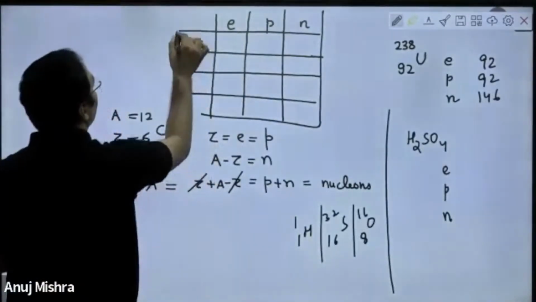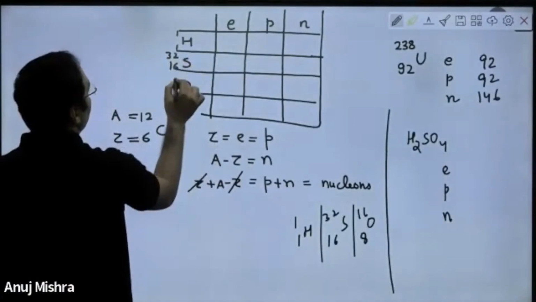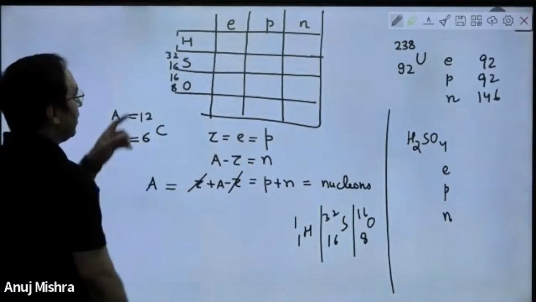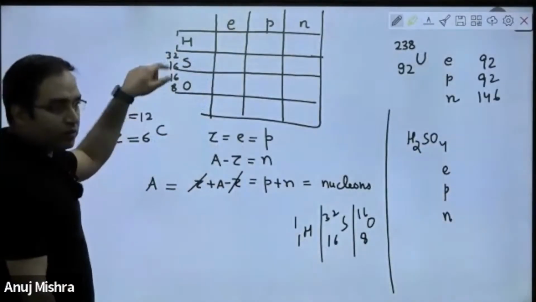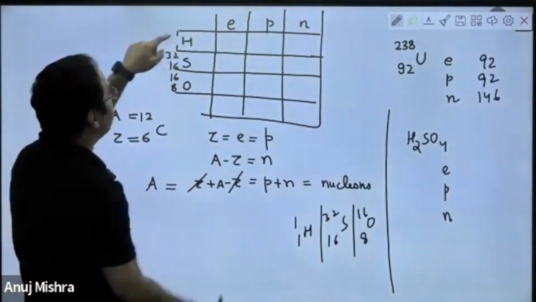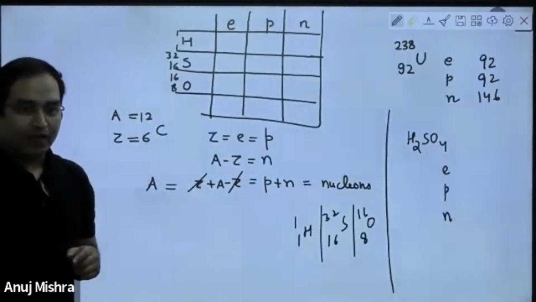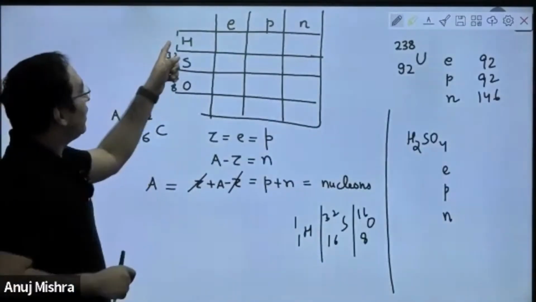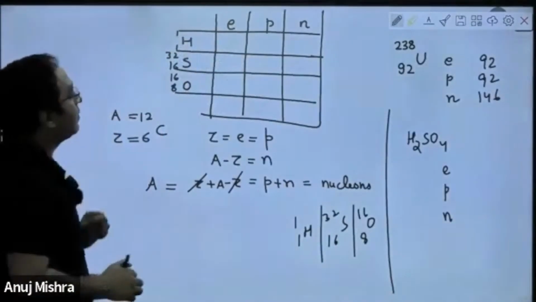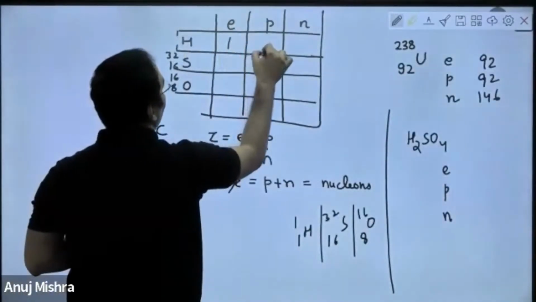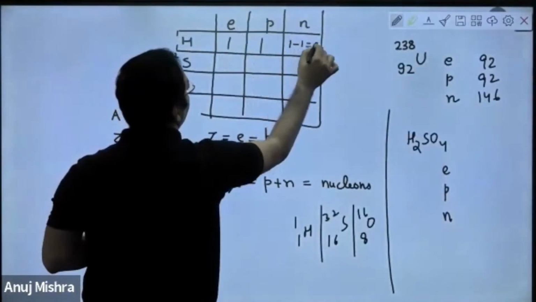Now we write 1H1, 16S32, 8O16. What are these numbers? These numbers are the Z and A values. Then we find E, P and N. For hydrogen, E is 1, P is 1, and N is 1 minus 1, that is 0.